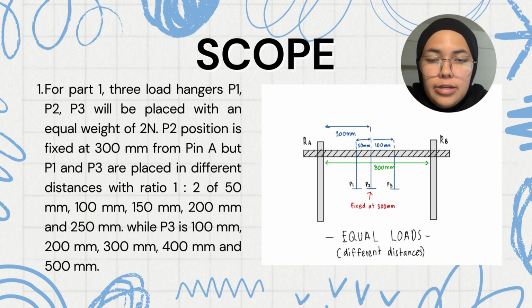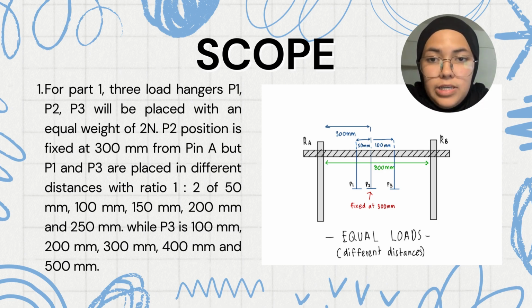In this part, I will be explaining further how the experiment was held. For the first part, 3 load hangers P1, P2, and P3 will be placed with an equal weight of 2 Newton. P2 position is fixed at 300 millimeters from pin A, but P1 and P3 are placed at different distances with a ratio of 1 to 2.